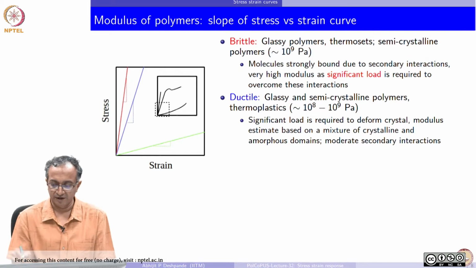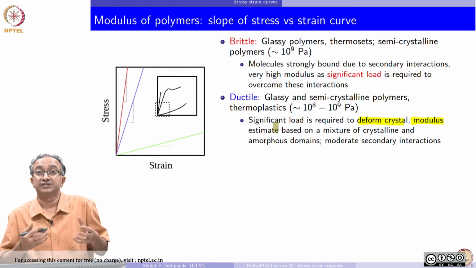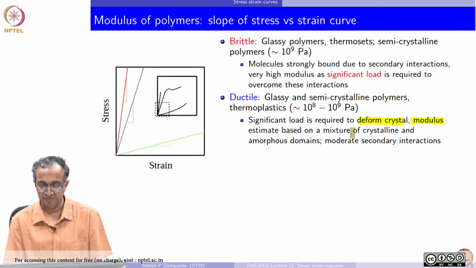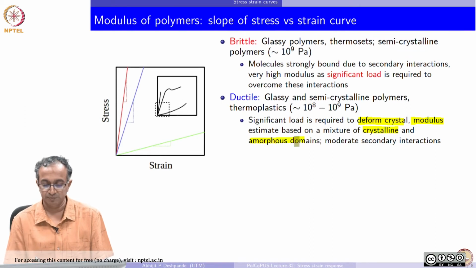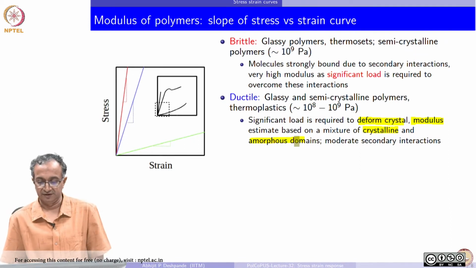So, in case of semicrystalline polymers, what happens is we have to deform the crystal and also we have to deform the macromolecular chain. And so, generally the modulus in case of a semicrystalline material can be explained as a combination of response of amorphous regions and crystalline regions.